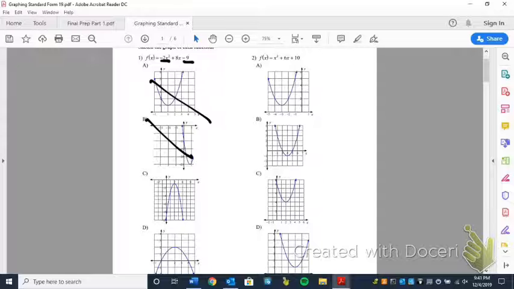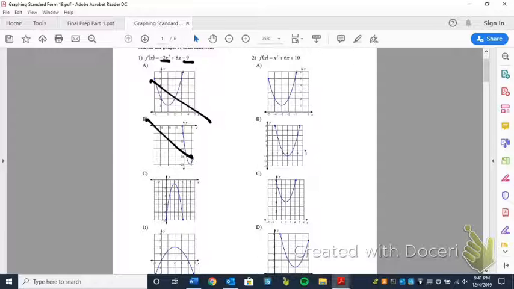Now, normally the next step would be graphing negative b over 2a. But I'm going to kind of jump down to step 7, which is graphing 0, c. So I know that my c here is negative 9. So I know that the y-intercept is negative 9.